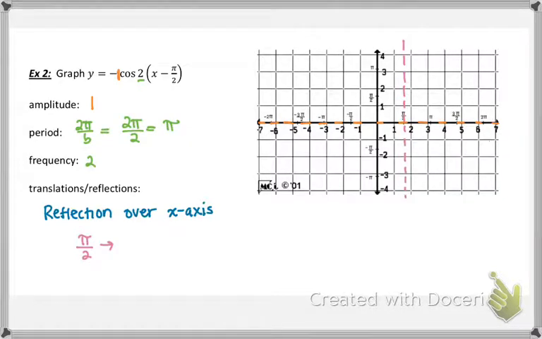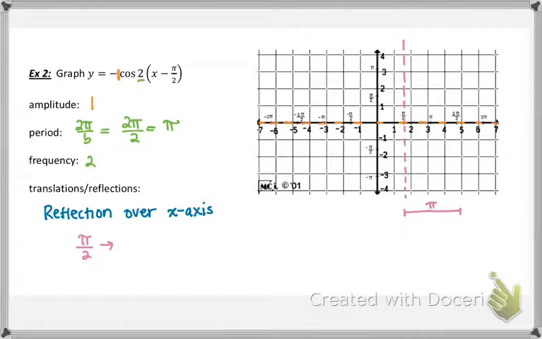Essentially, I'm just shifting my x and y axis over. So that's going to be where I start, and I need to be able to fit 1 full cycle in a 1 pi period.